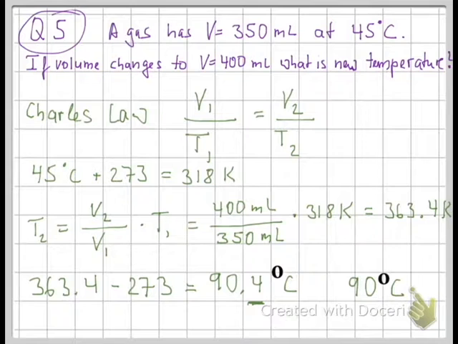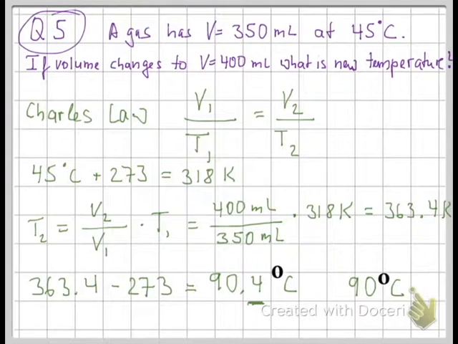So, interestingly enough, if you double your temperature from the Celsius point of view, you would not double the volume. As you know, you go from 350 mils to 400 mils. That's why you have to work off the Kelvin scale, because Celsius is skewed.